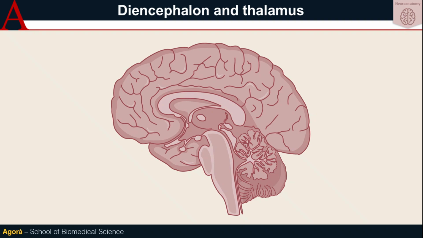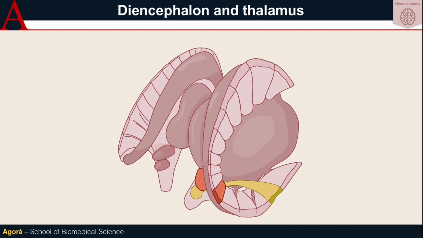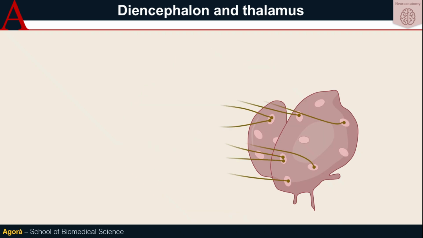The thalamus is an ovoid structure approximately 4 cm in size and represents the largest component of the diencephalon. It consists of a collection of nuclei encased in white matter, from which fibers project to the semioval center of the telencephalon.